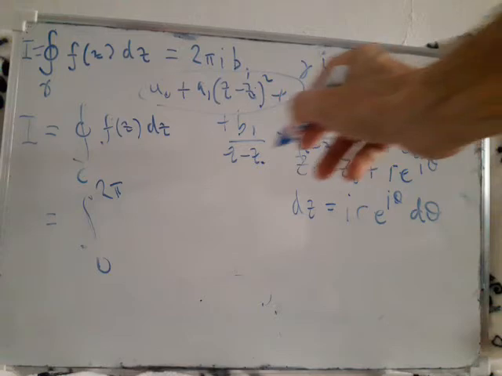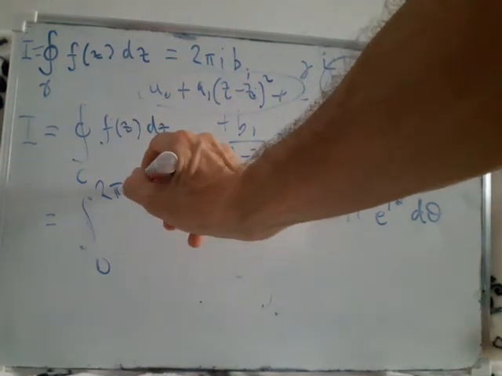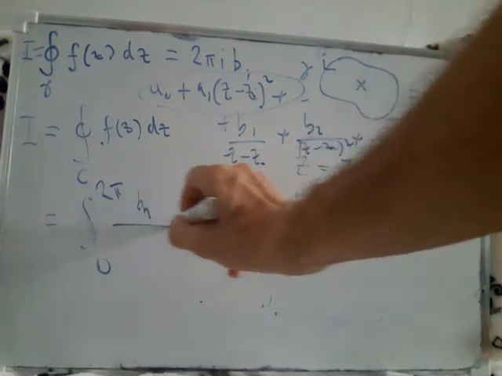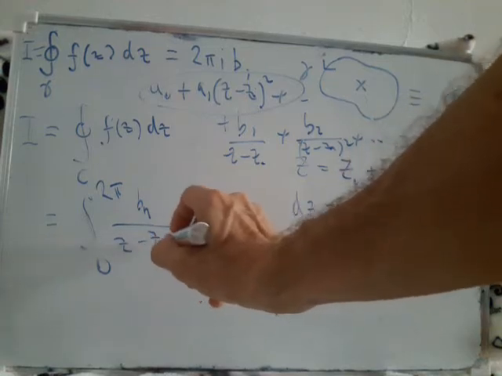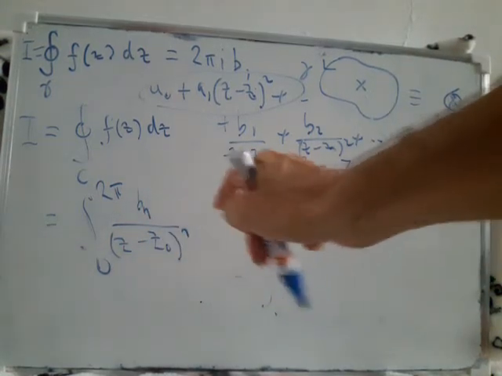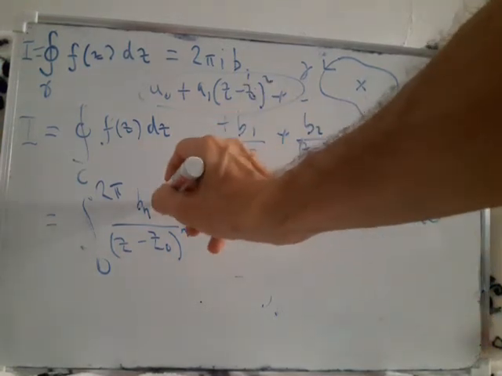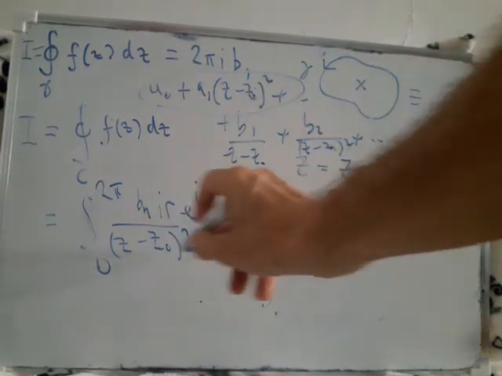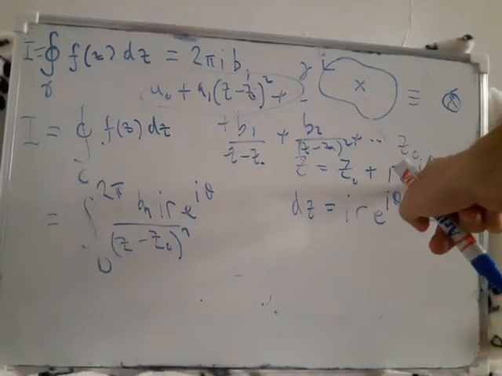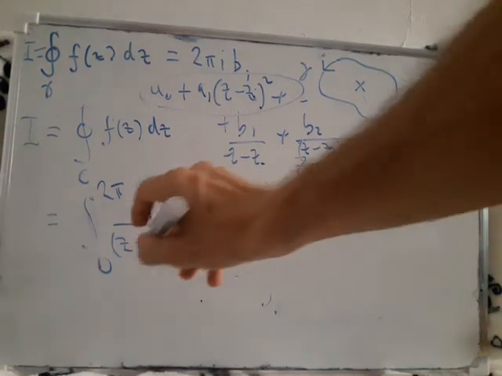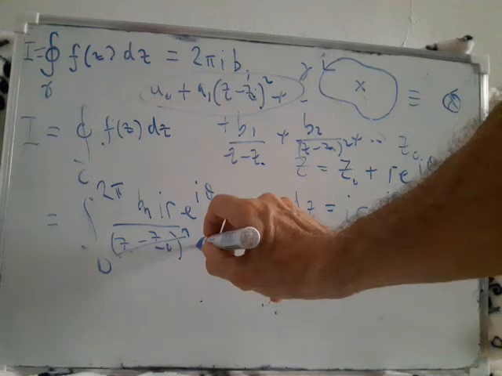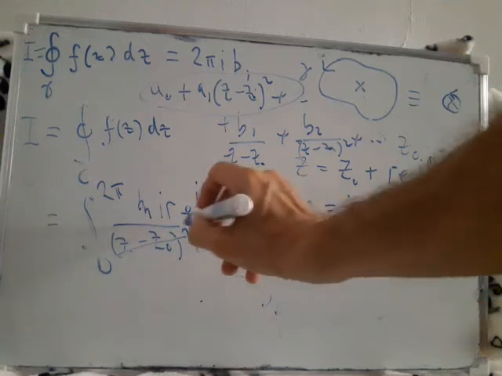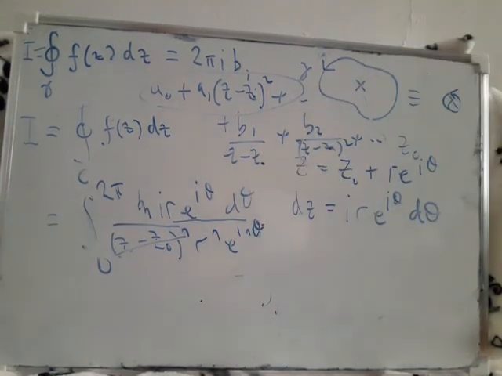So let's just do the general term. Let's integrate bn over (z minus z0) to the n. And I'm integrating dz, I'm writing dz as i r e to the i theta. And this z minus z0 is just r e to the i theta, so to the n it's r to the n times e to the i n theta. So this is an easy integral to do.